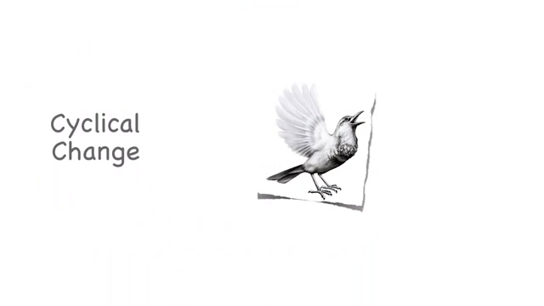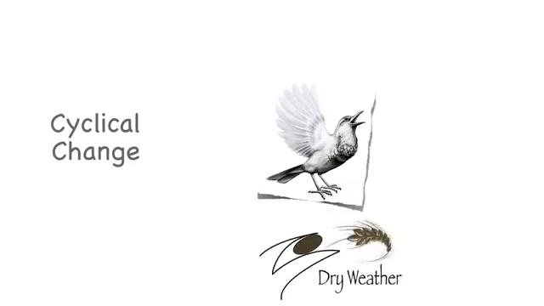Just like bacteria and dogs, where we see changes within types, there is also evidence that the famous Darwin finches of the Galapagos Islands experience change within types, a cyclical type of change. During long periods of dry weather, there were more finches that survived with large beaks than finches with small beaks. Apparently, the larger beaks helped crack the larger, harder seeds that they ate, and they were better able to survive.